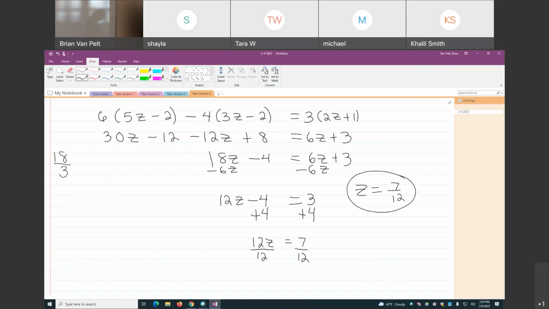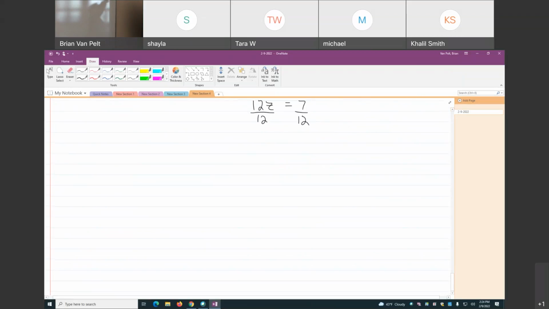All right, let's try one of these. Let's do 0.3x minus 2 equals 0.25 times (x plus 1).